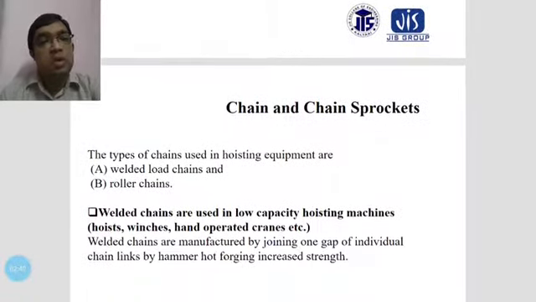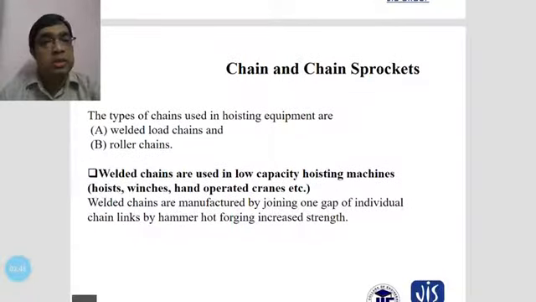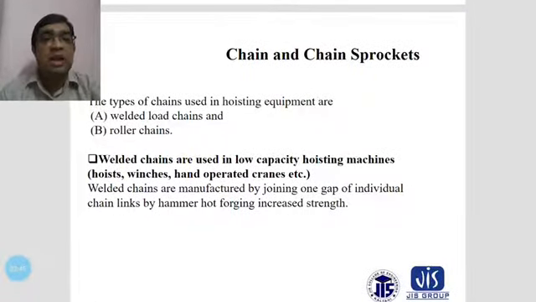And according to this, the chain and chain sprockets. The types of chain used in hoisting equipments are welded load chain, and roller chain is also available.